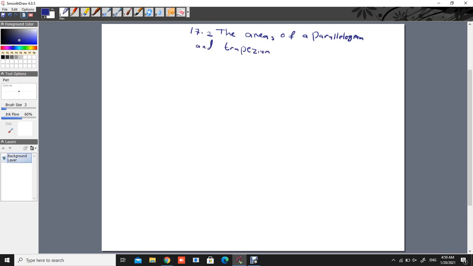Now recall, here this is the parallelogram. Each opposite side is equal and parallel. This is the base and this is the height, so the area equals base times height.